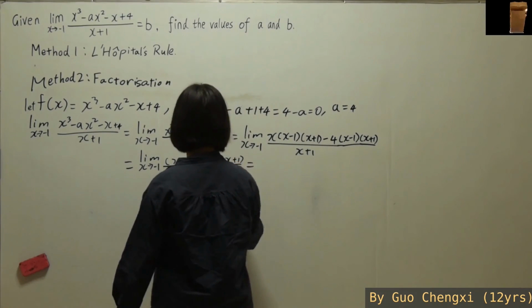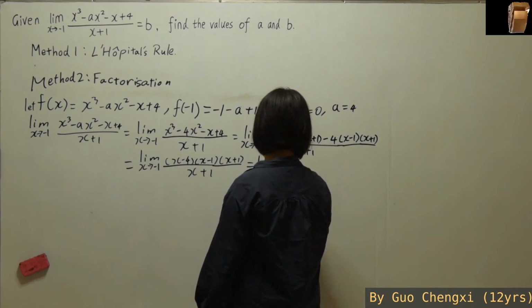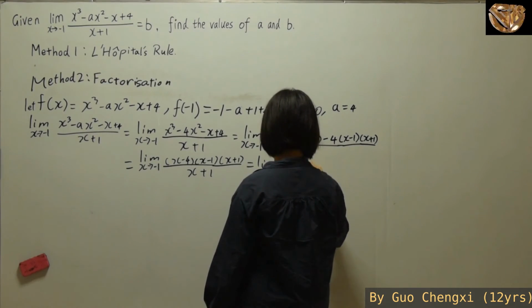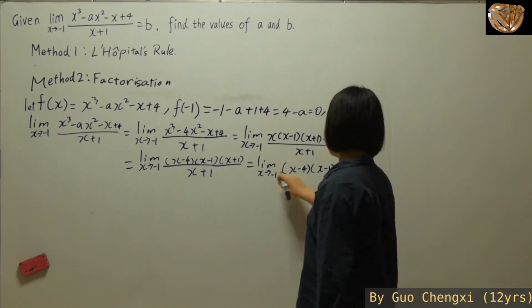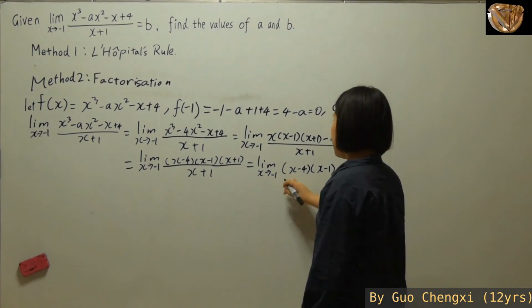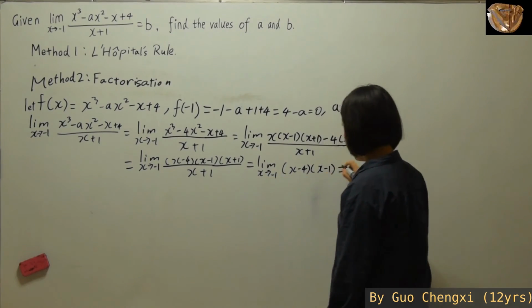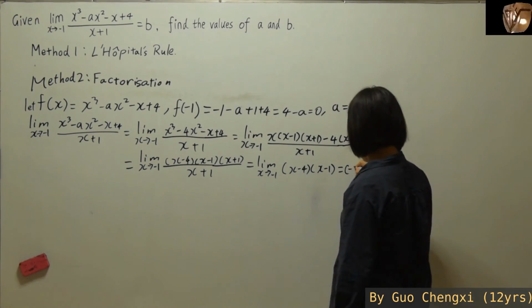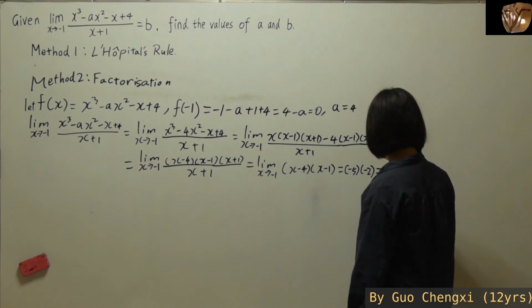Then you simplify and you get the limit as x approaches negative 1 of x minus 4 times x minus 1, where now that you have this part, you can immediately substitute it in. When you substitute it inside, you get negative 5 times negative 2, which is equal to 10.